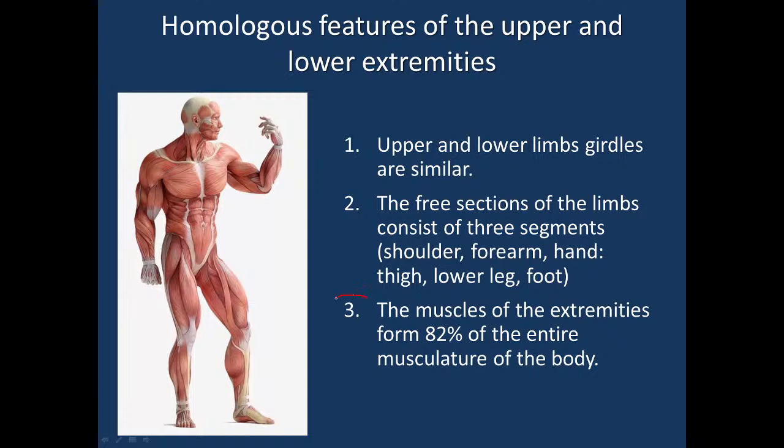The last feature is that the muscles of the extremities form about 80% of the entire musculature of the body, and that is interesting because we use the muscles of the extremity both for walking and for working, I mean for labor.